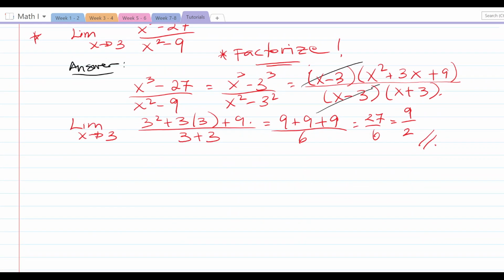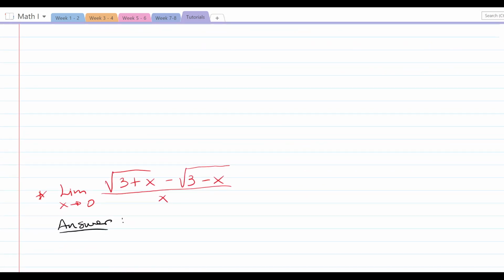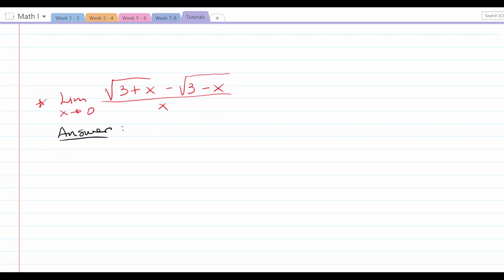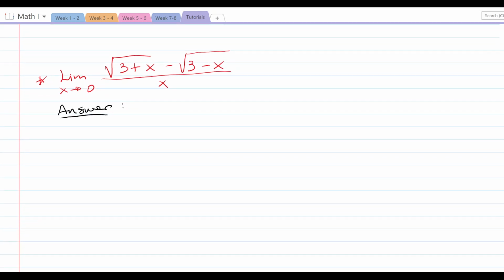Okay, let's do another one. Again, this time without using L'Hopital's rule. One way to solve a problem without using L'Hopital's rule is to find the conjugate of the problem and then multiply it.